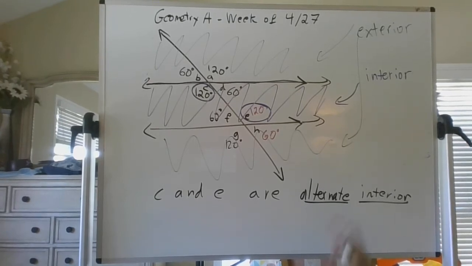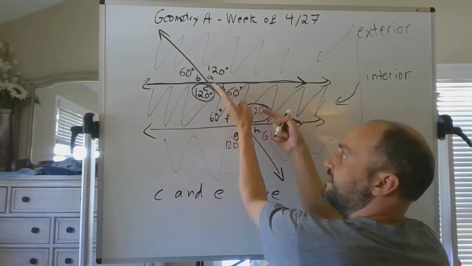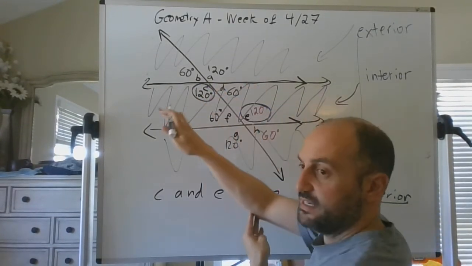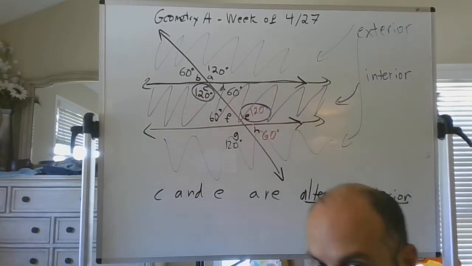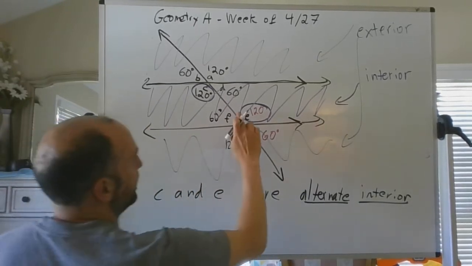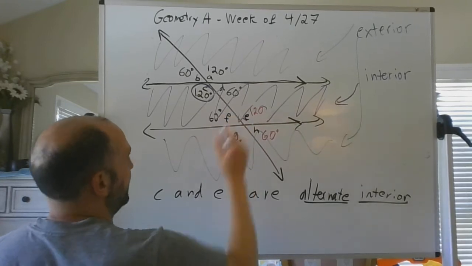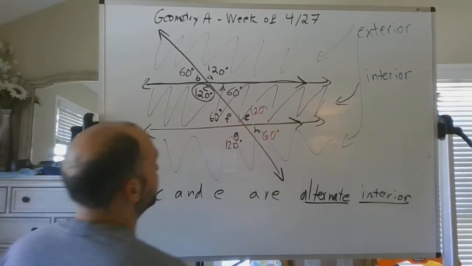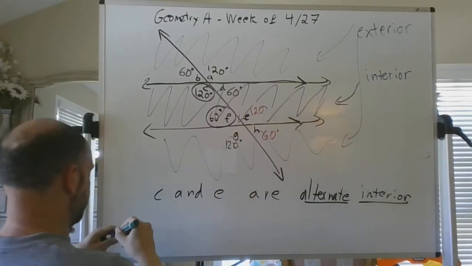And so it's called alternate interior. Alternate because one's on the right side of this line and C is on the left side of this line, and they're called alternate interior because they're on the inside part. Okay, next one. Let me give you an example here. How about C and F? Let's try C and F.